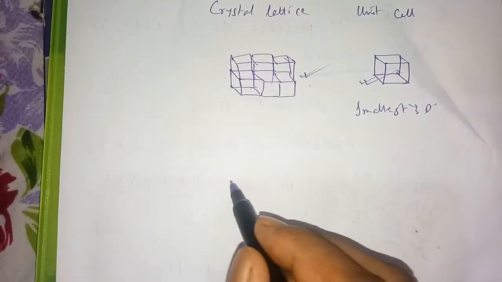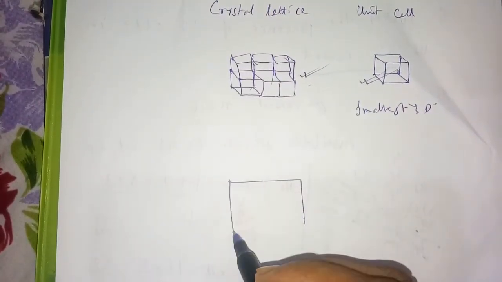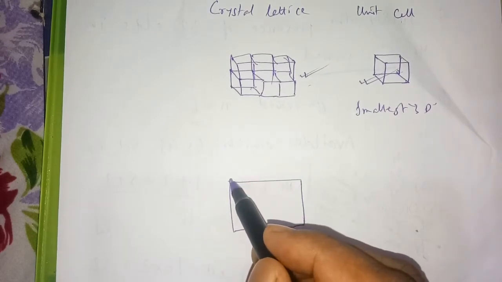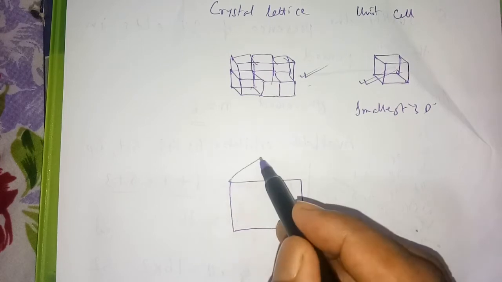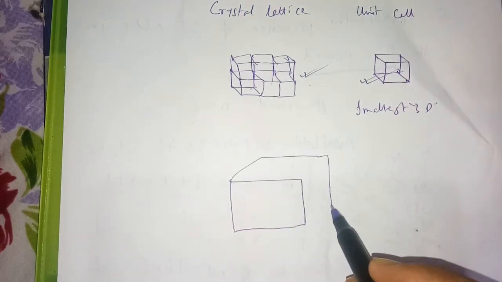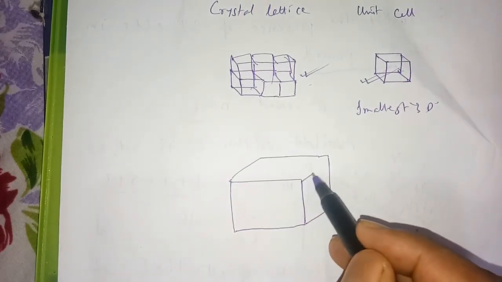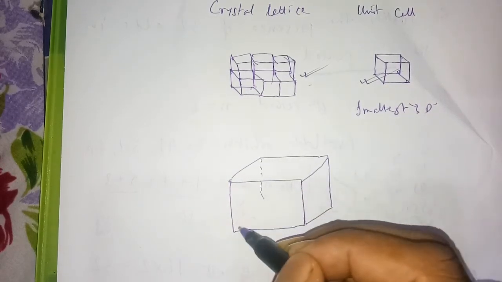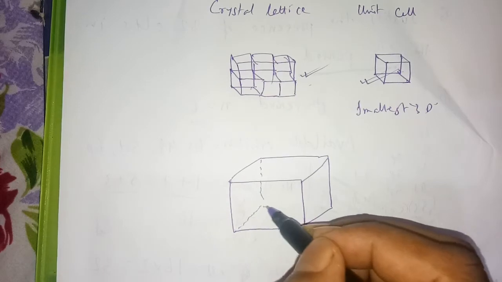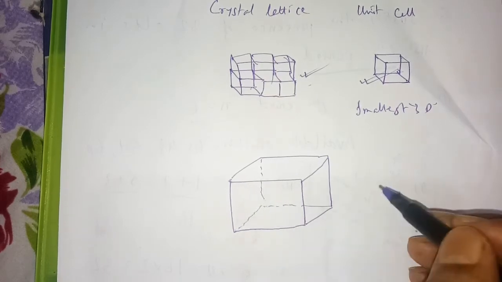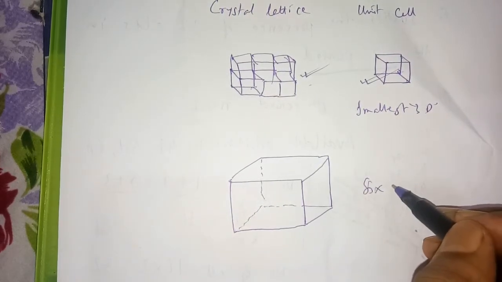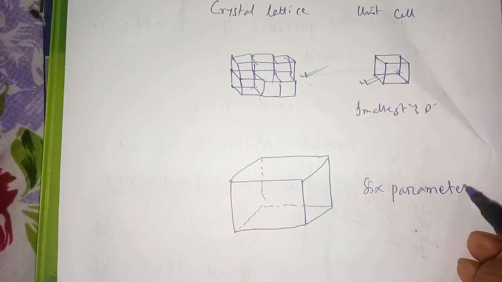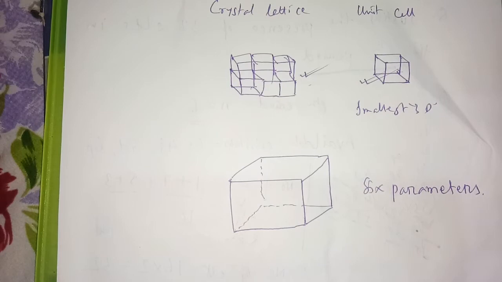Now if I consider a unit cell here, a unit cell is characterized by 6 parameters. Now what are they?